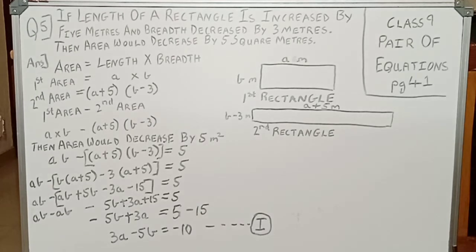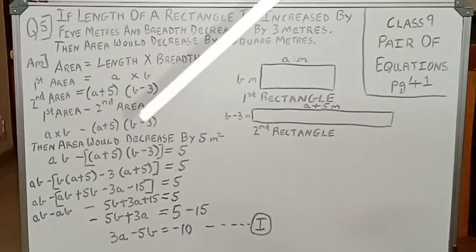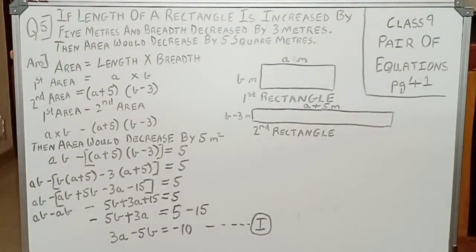Now you should be extremely careful of the minus sign. AB minus a square bracket is there, and inside the square bracket, the first one would be a plus 5 into b minus 3, close bracket, and then the square bracket closes, equal to 5.